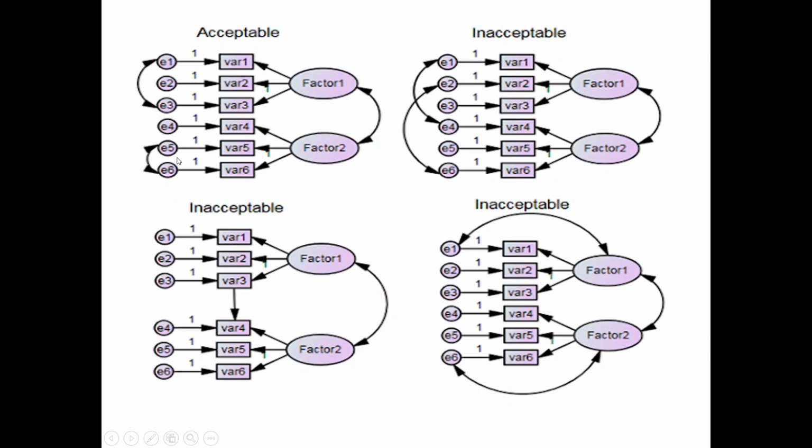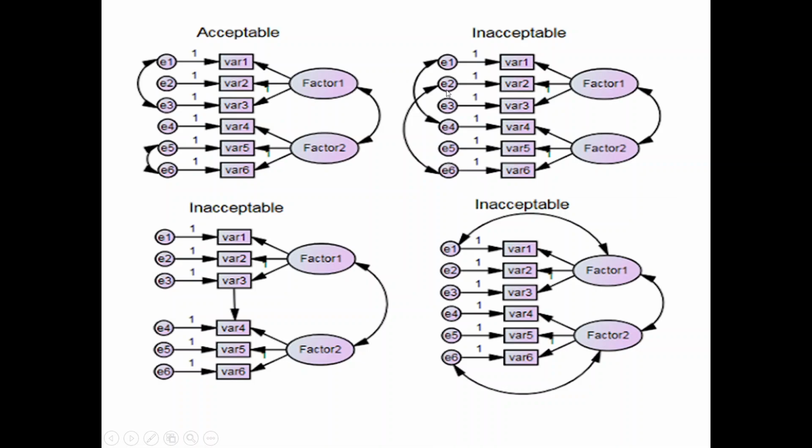It means that, say for example, modification indices is giving me the output that if you connect E5 with E6, you will be reducing the chi-square, that is the discrepancy, by this much amount. So the permissible connections are, you can connect within the construct only. Within the construct, you cannot go beyond this.